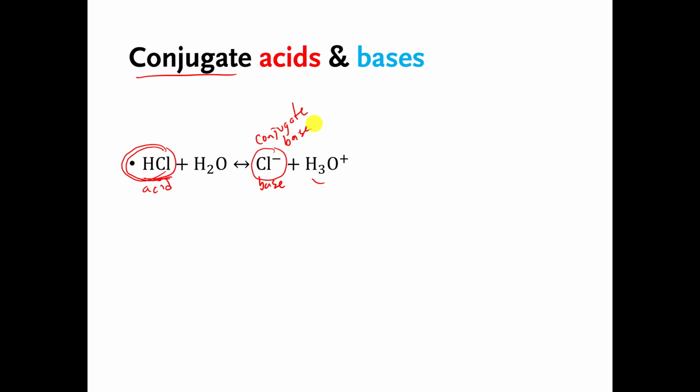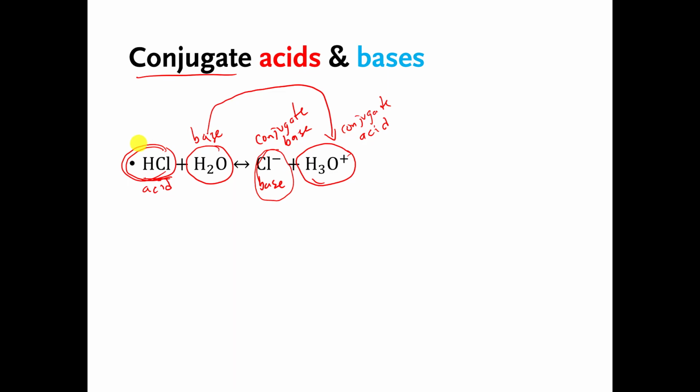base. Conjugate just means that these two things are married to each other or they're tied to each other. They're related to each other is basically what that means. And this is the base in this situation, and it's related to this stuff over here, and so this stuff is called its conjugate acid. The same thing works in reverse. You can call this stuff the base, and then this would be its conjugate acid.